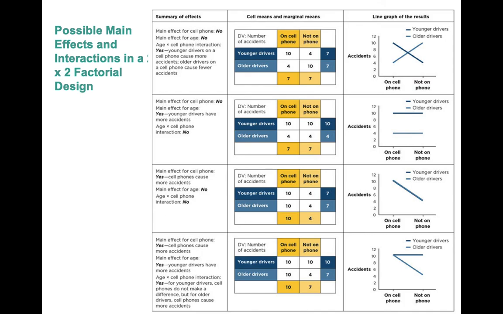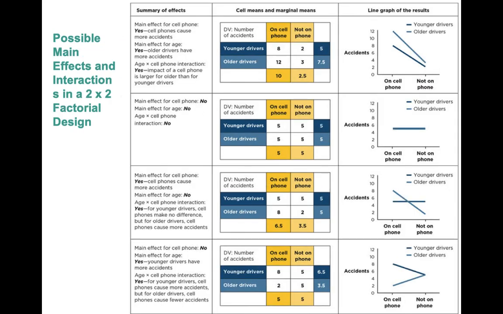It's possible to have all three effects present, it's possible to have all different combinations. And so these slides essentially just go through those different combinations, and it's worth reviewing to make sure that you understand all those different possibilities and combinations to be able to pick them out of a research article, or to be able to identify whether there's main effects or interactions and what combinations on, for example, a test that you might get in your research methods class.